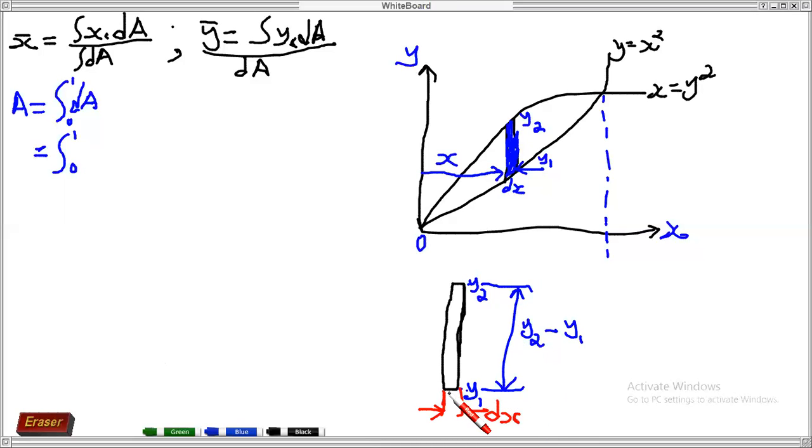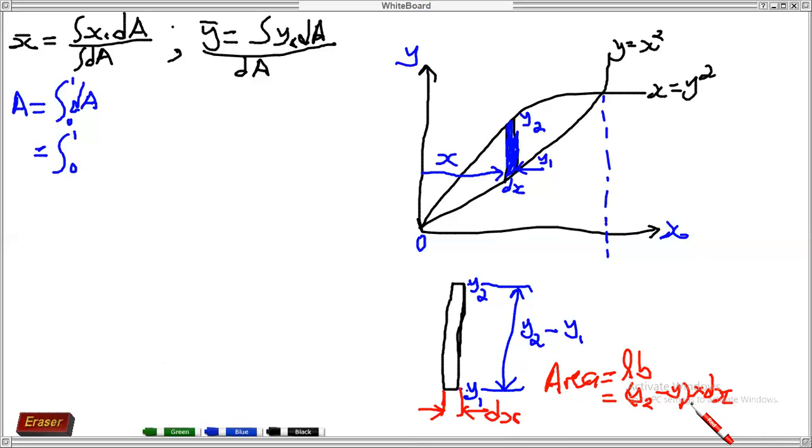Therefore your dA, which is the area of this small rectangle, the area of a rectangle equal to length times breadth, isn't it? Yes. Therefore, in this case, your length should be y2 minus y1 times dx.